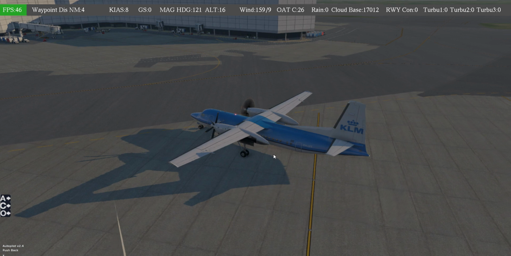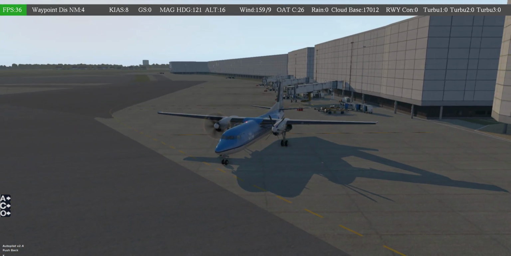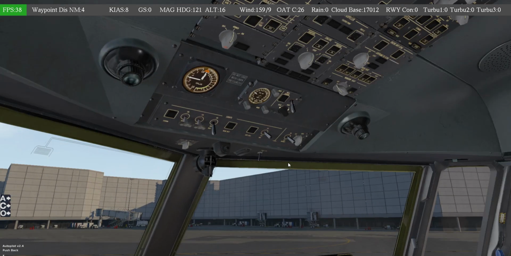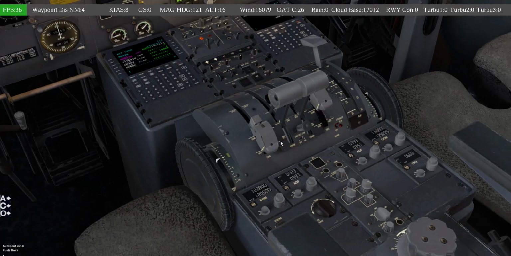We are starting the right-hand engine. And then we can jump over and get the left engine running as well. We can then get this up here.